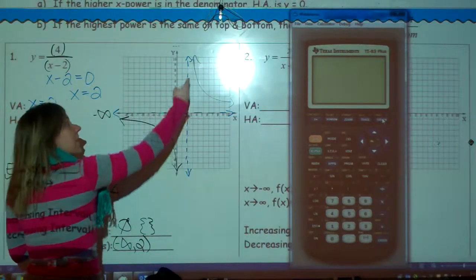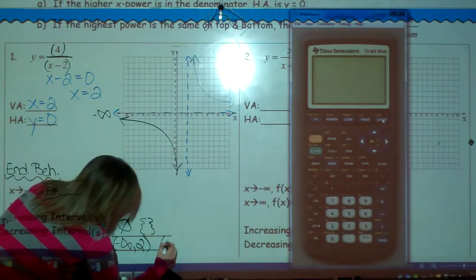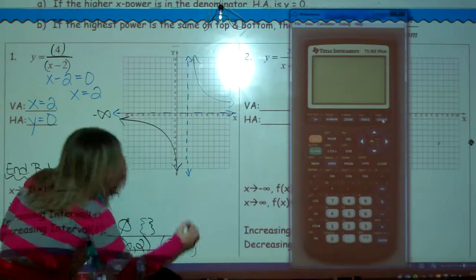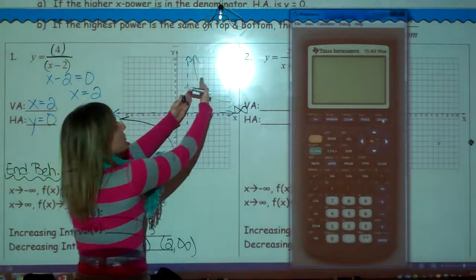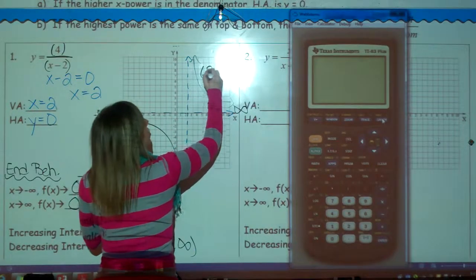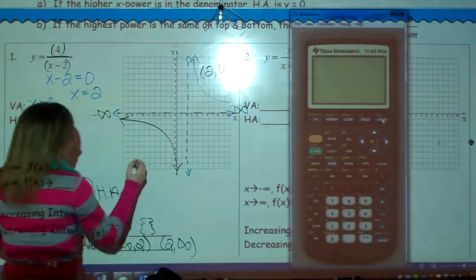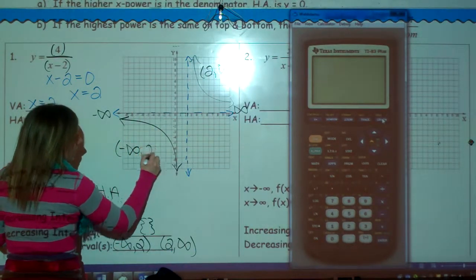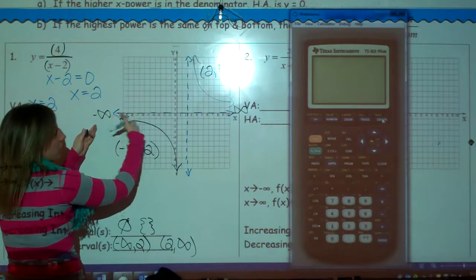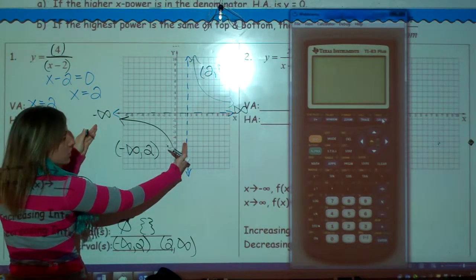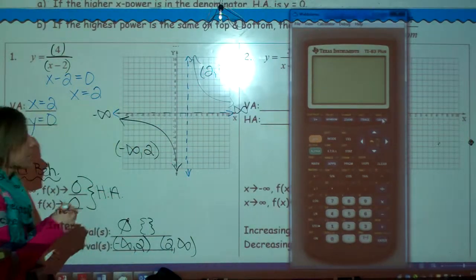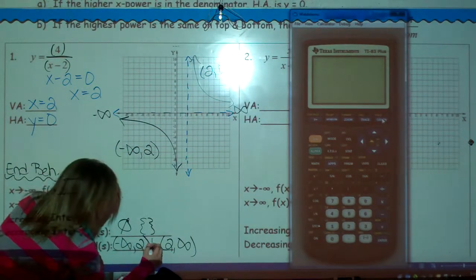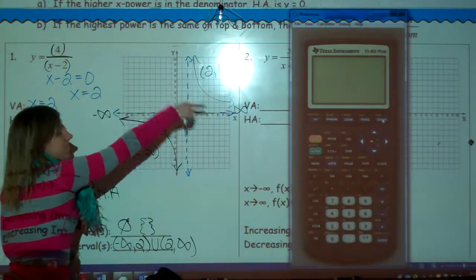And then it breaks, and then it starts back super close to 2, and it goes down forever off to positive infinity. So this side is negative infinity to 2, because it's starting off to the left and it gets close to 2. This is starting at 2, and it goes off to infinity. And then there's a union right there, they're both going down.